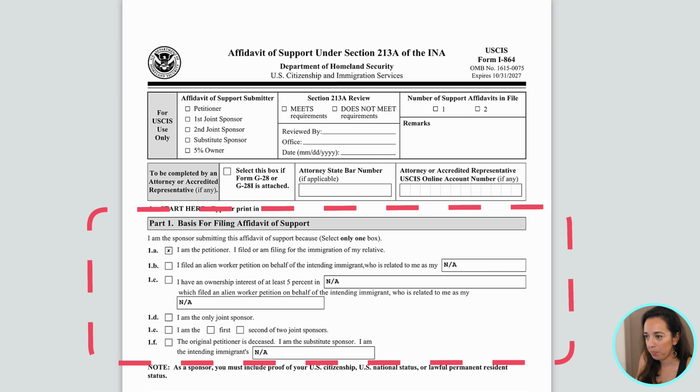On page 1, part 1, the basis of filing the affidavit of support, it asks, I am the sponsor submitting this affidavit of support because, and we selected box 1A. I am the petitioner. I filed or am filing for the immigration of my relative, i.e., I'm filing on behalf of my now husband.